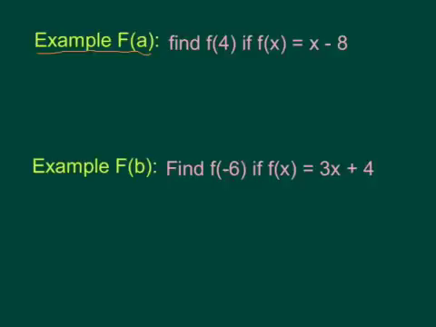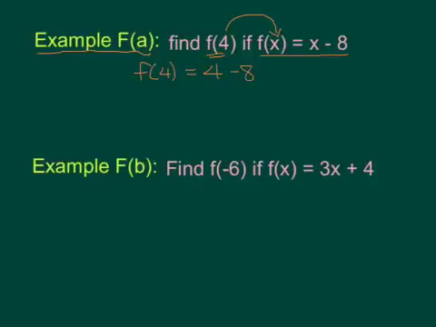So our problem is find f of 4 if f of x, and here's our function, equals x minus 8. So what that means is we're going to do a pure substitution here. Wherever you find x in the problem, you're going to put a 4 because we're finding f of 4. So f of 4 would equal 4 minus 8.